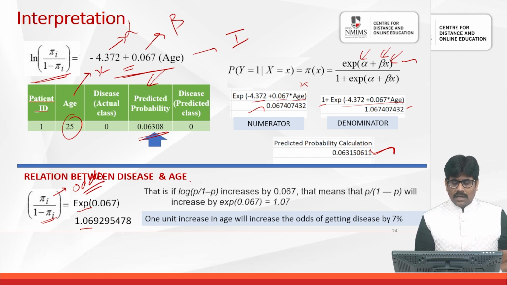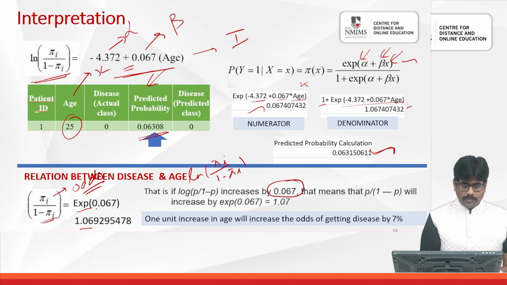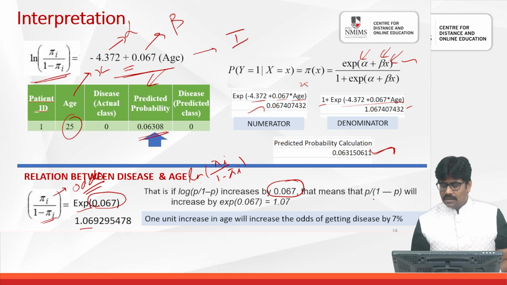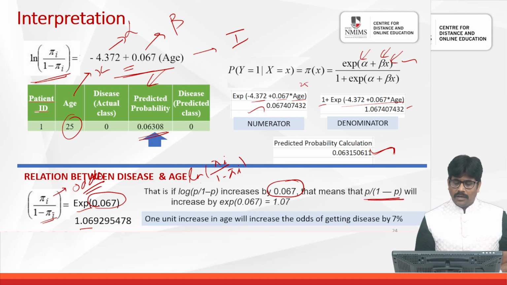If ln of pi i divided by 1 minus pi i increases by 0.067, that means pi i divided by 1 minus pi i will increase by exponential of 0.067, which becomes 1.07.